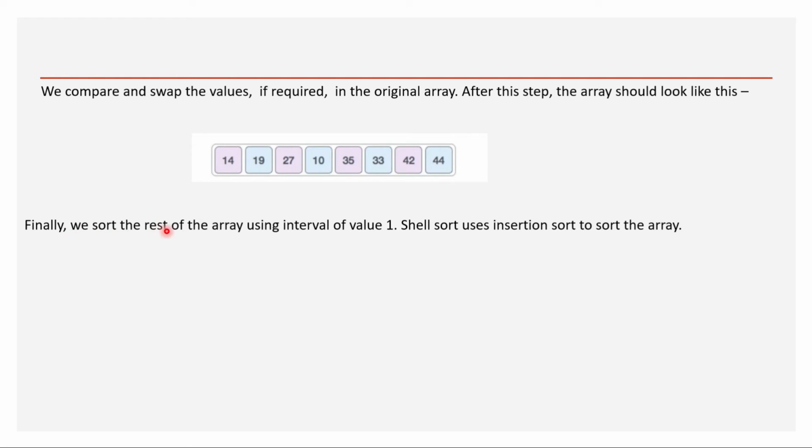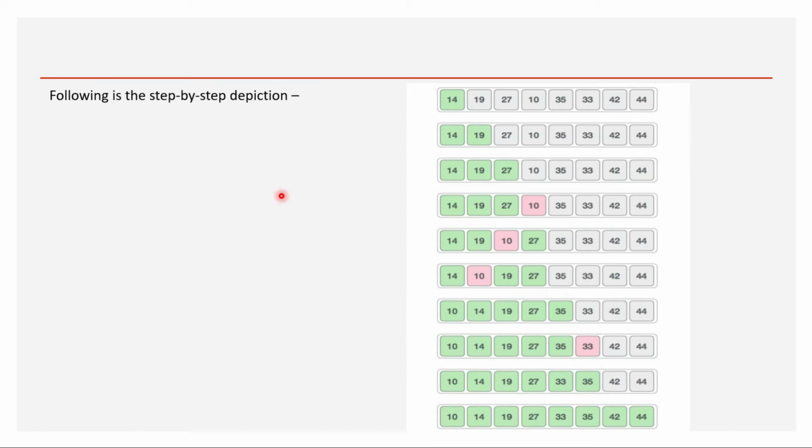Finally, we sort the rest of the array by using an interval of 1. Shell sort uses insertion sort to sort the array if the interval or gap is 1. Following is the step-by-step depiction.